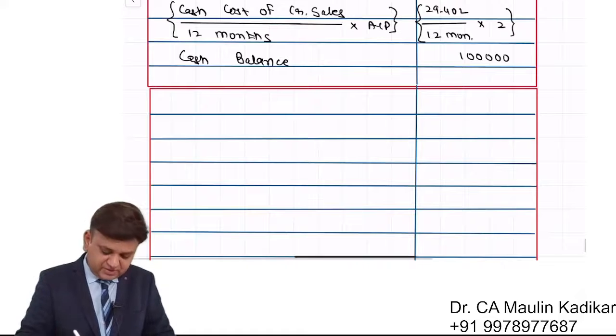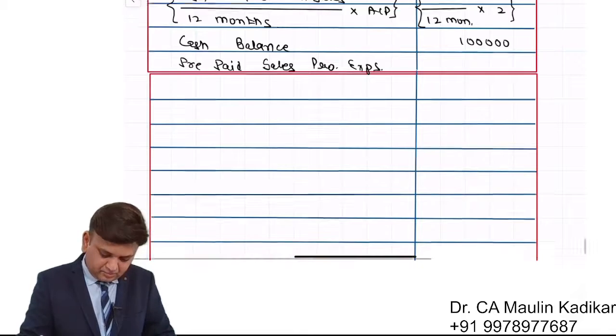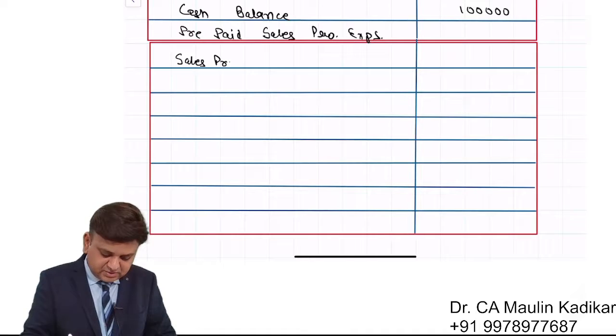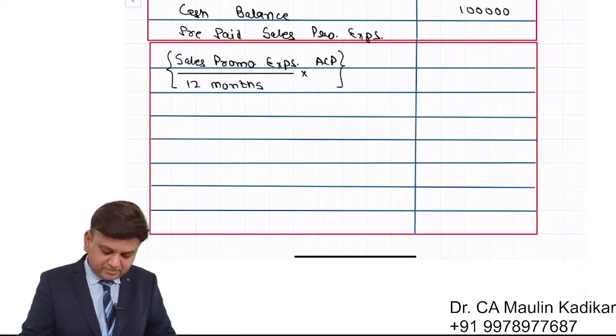Next is prepaid expenses. In that, annual expense, that is sales promotion expenses, divided by 12 months into time period.